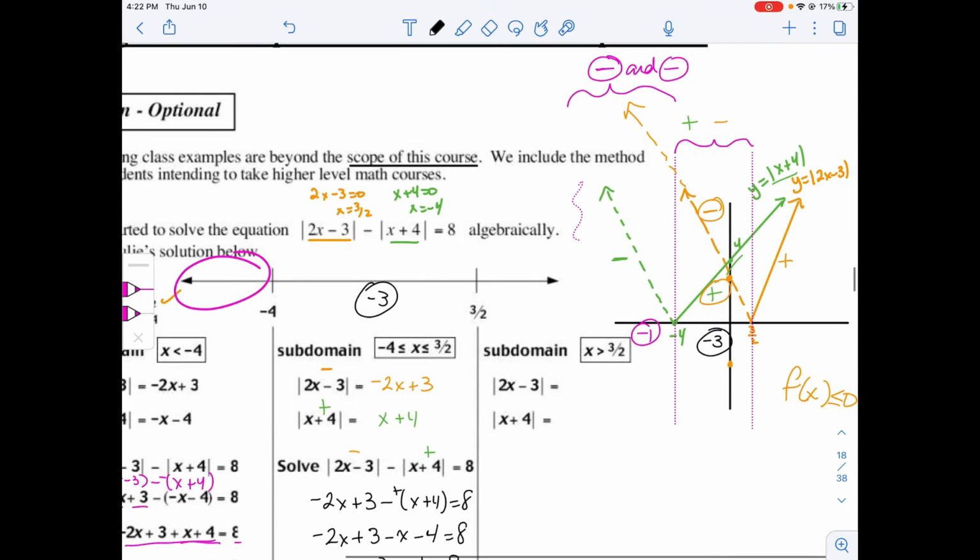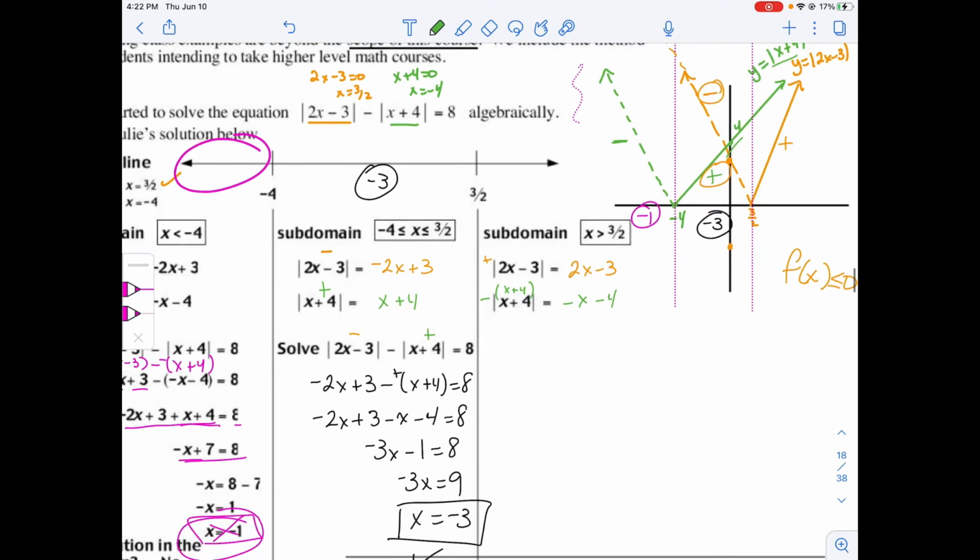And then for the last portion of this graph, what I want to look at is this right-hand portion. I can see I've got the positive green and the positive orange, so those are both positive. So the positive orange here, we've got our 2x minus 3, the positive of that. And the green here, we've got the negative of x plus 4, which would be negative x minus 4. So again, when we solve here, I'm going to solve 2x minus 3, that will be our positive, minus the x plus 4, which is going to be the negative, and that's equal to 8.